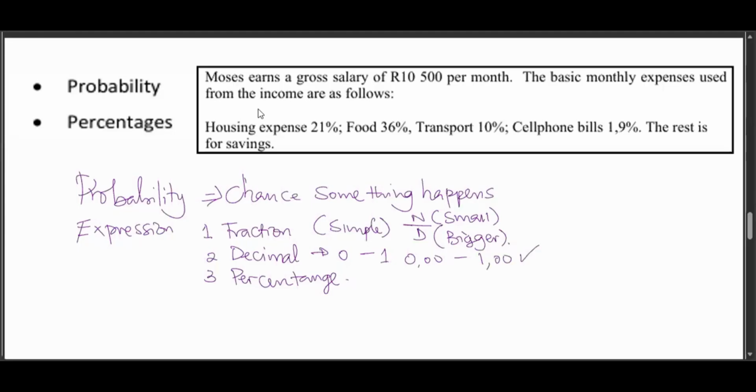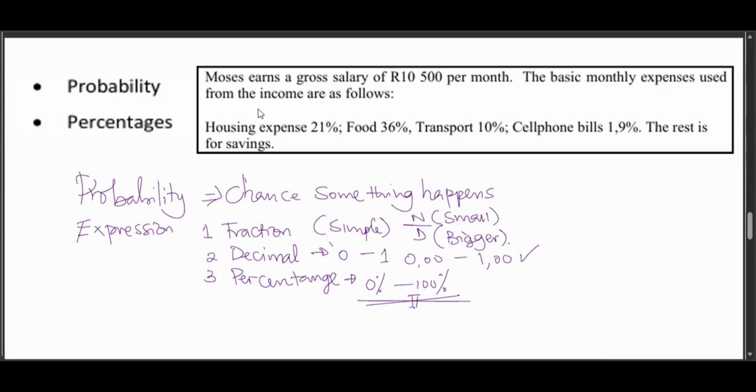Should your answer exceed 1, just know it's wrong. Percentage is between 0% and 100%.